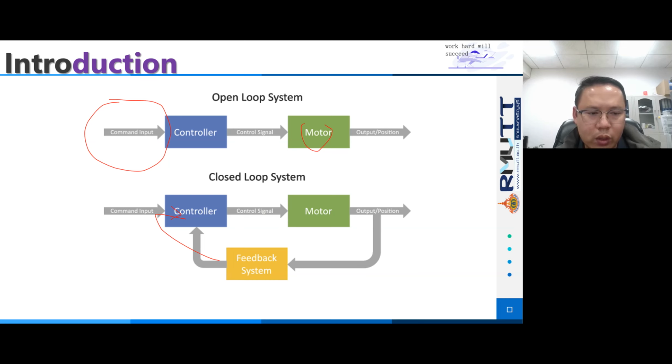The controller sets a new signal to the actuator, and so it goes until you get the right signal.